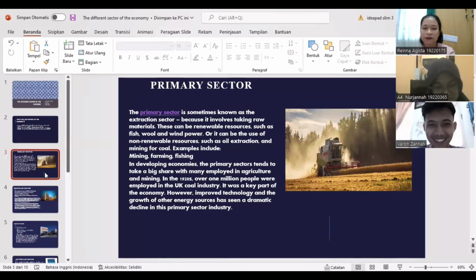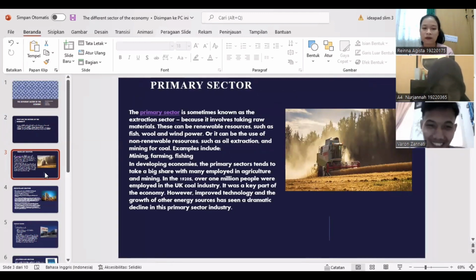Primary sector. The primary sector is sometimes known as the extraction sector because it involves taking raw material.